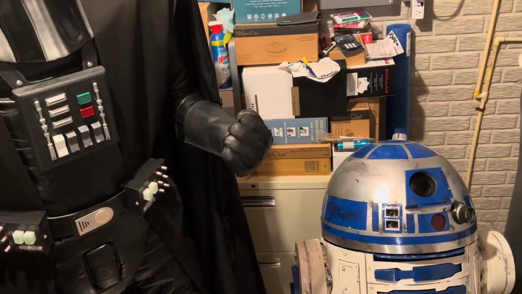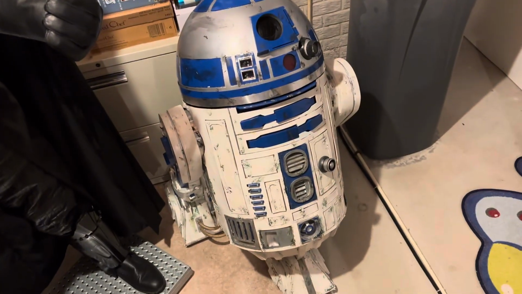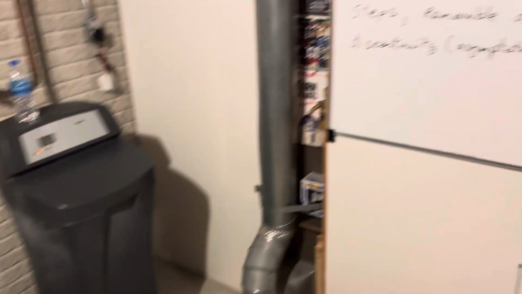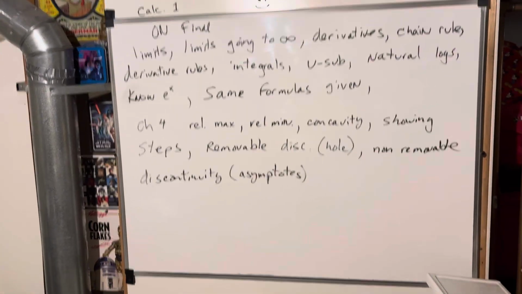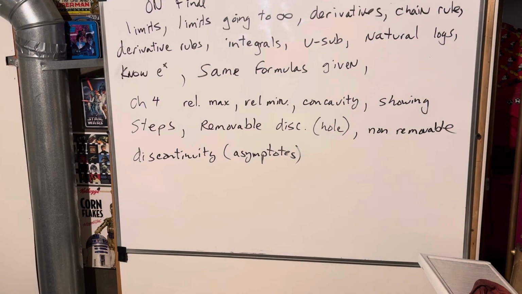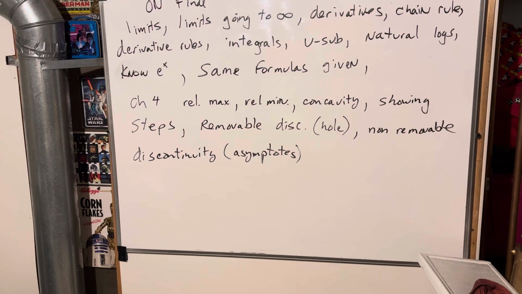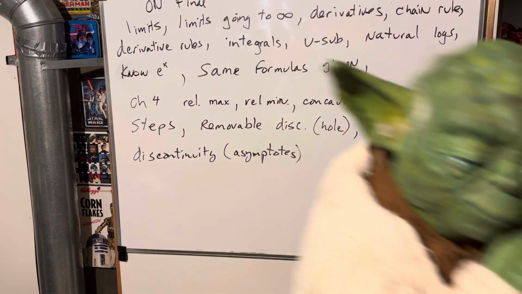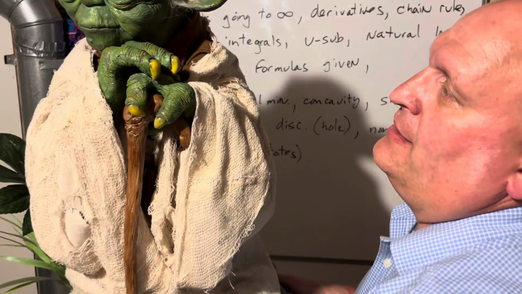There's Darth Vader. R2-D2. So there's not a lot of clearance between R2's feet and my tripod. That's why I kind of hit it. And BB-8, and then here, this guy's new. This is the first year I took him to Children's. He turned out pretty good. So BB-8 was scratch built, but this is Yoda.